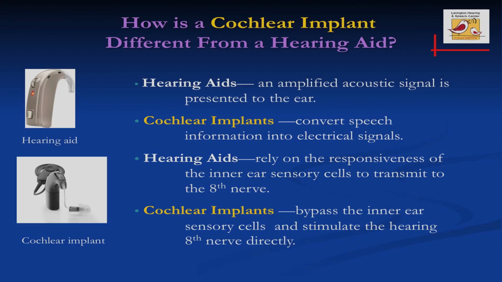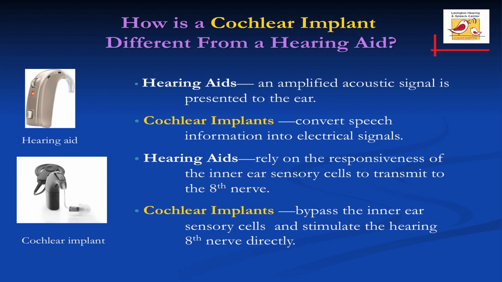So how is a cochlear implant different from a hearing aid? The hearing aid picks up sound and makes it louder, but still pushes it through the cochlea, which has the hair cells that are damaged or broken or not working as efficiently as they should be to get the sound to the nerve. And as we know, sometimes some sounds won't make it through.